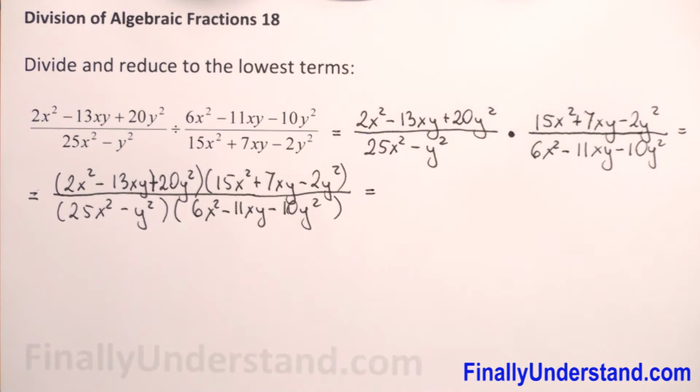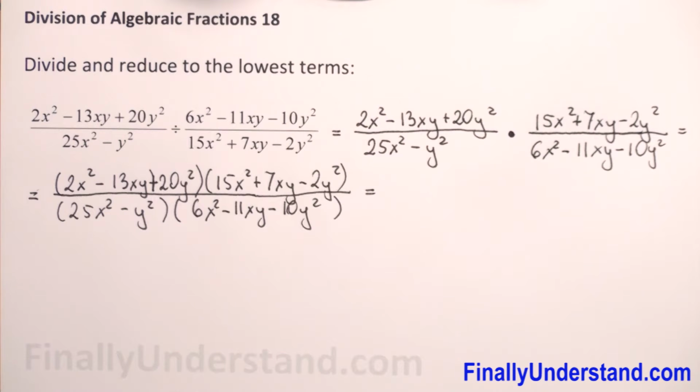This is equal. Next we have to try to reduce. Because we have multiplication, we have to check what we have in parentheses. Different expressions. So at that moment we cannot reduce anything. So what we can do, we have to factorize.